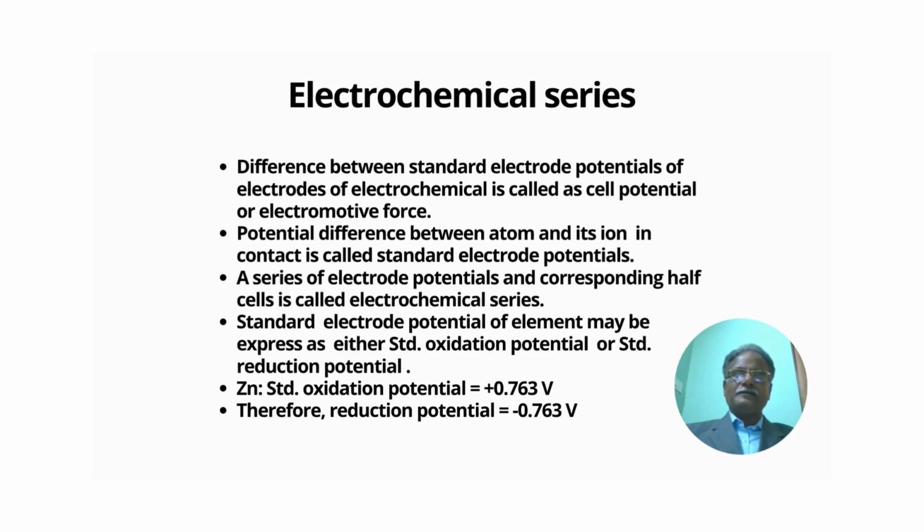That means if you write the electrode potentials as well as the electrodes and their half cell reactions in an order, the electrochemical series will be formed. Here, let us know some fundamentals regarding this.